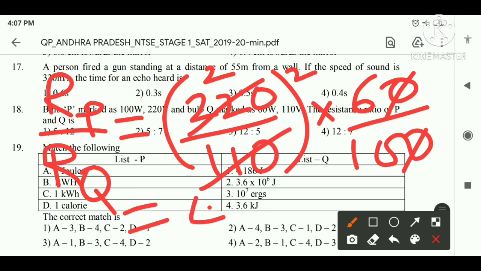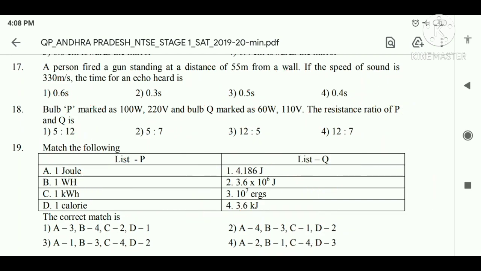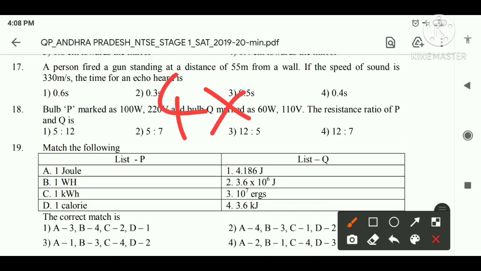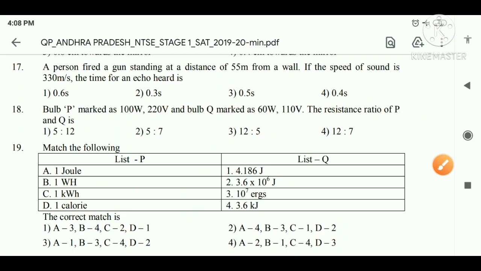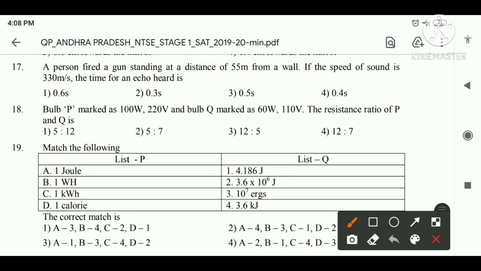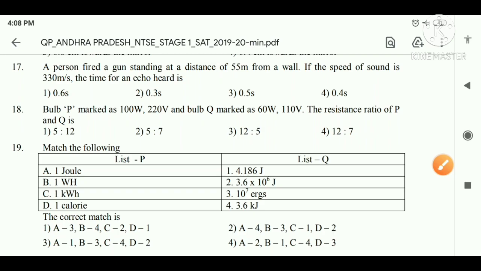Now here 2 2s are 4 into 6 divided by 10. Okay, here it is 2 3s are 6, 2 5s are 10. Now it becomes 4 into 3 by 5. 4 3s are 12 divided by 5. Now the answer is 12:5. Okay, option third is the right answer. Now let's go to the next question.